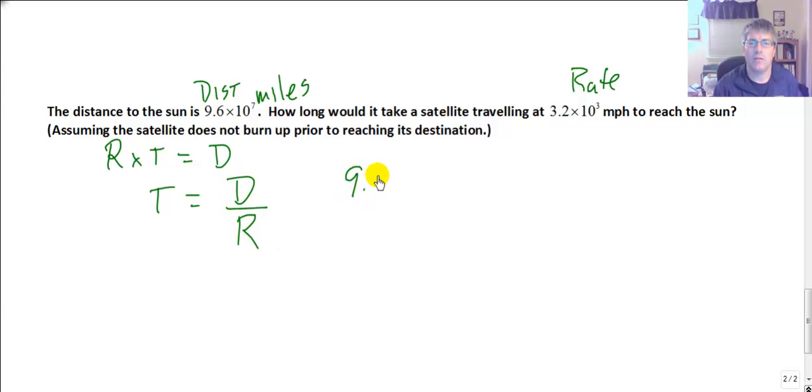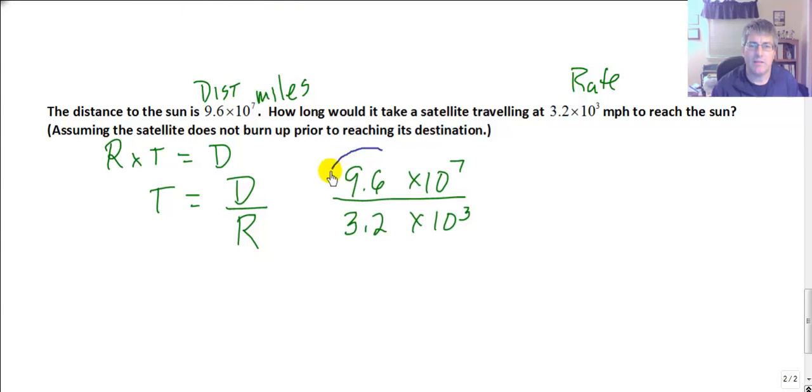So our distance, 9.6 times 10 to the 7th, all over 3.2 times 10 to the third. And we can use our skills from the previous problem. We can simplify our integers. 9.6 divided by 3.2, that's simply 3 over 1, or 3.